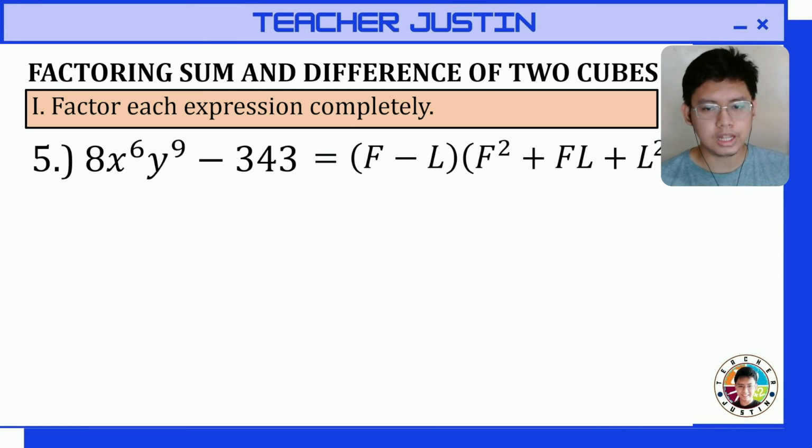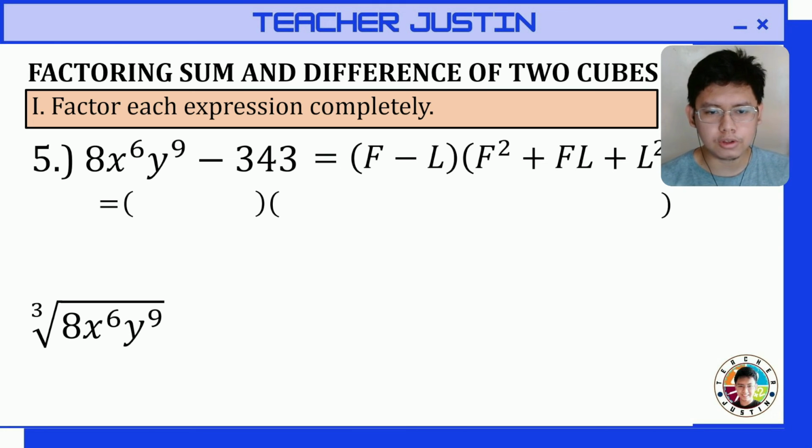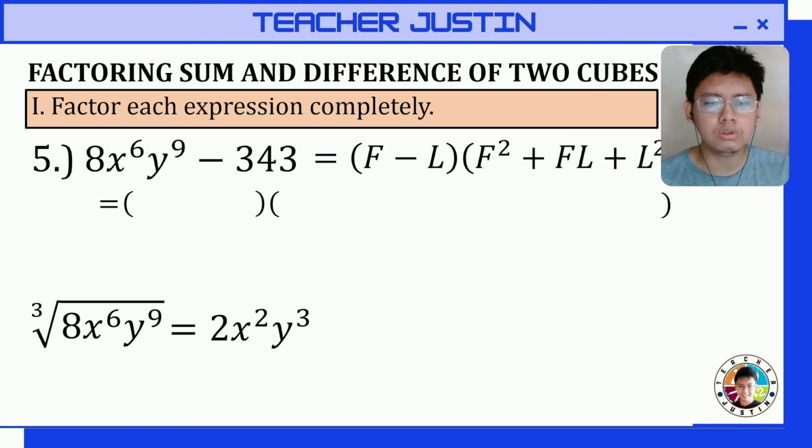Okay? So, let's proceed to our first step. Yung first step natin is to prepare the two groups. Kunin natin yung value ni f at ni L. So, yung f natin, we get the cube root of our first term. So, the cube root of 8x raised to 6y raised to 9 is equal to 2x squared y raised to 3. So, kopyahin natin yan. Lagay natin sa first group natin.